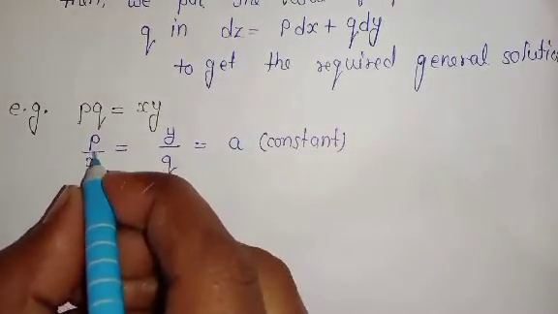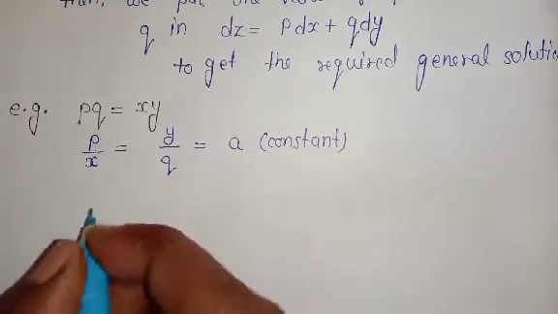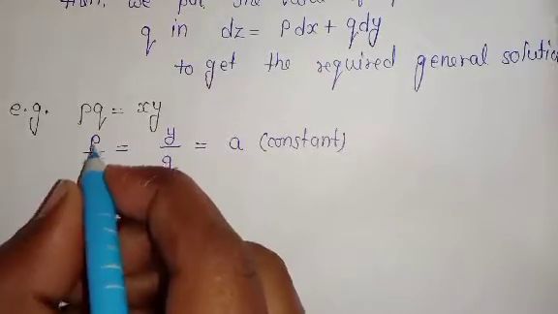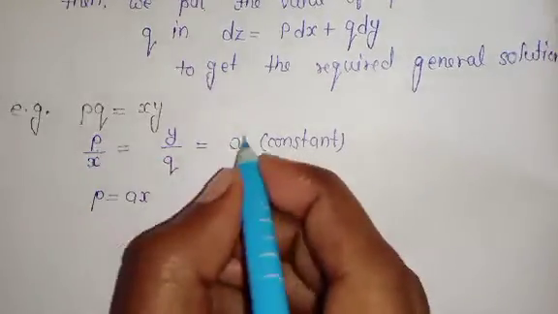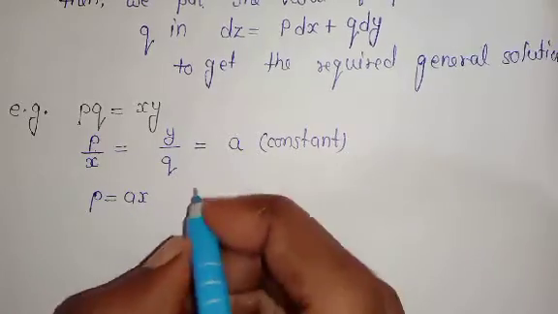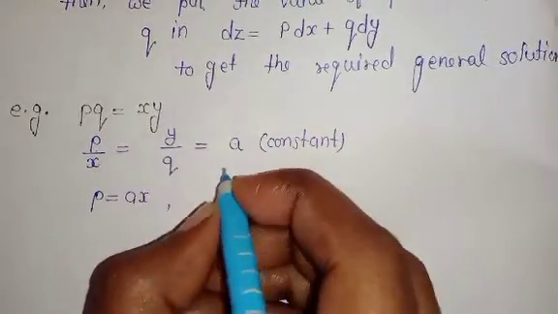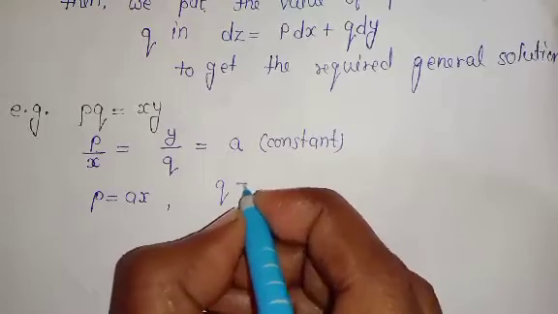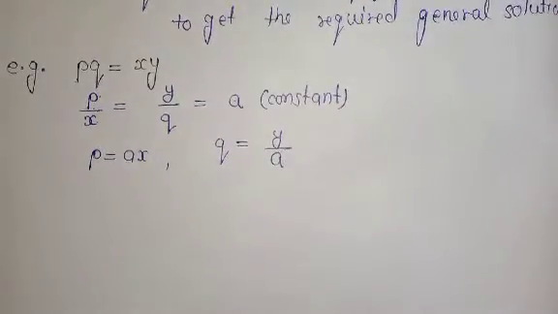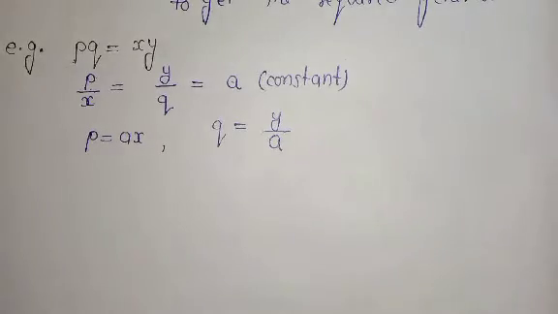If we find the value of p and q from this equation, then we get p is equals to ax. I have taken this constant equal to this term, so p is equals to ax, and if we solve these two, then we get q is equals to y by a. Now we got the value of p and q, so we can put it into the general solution.